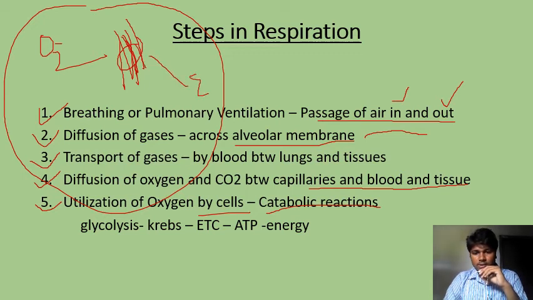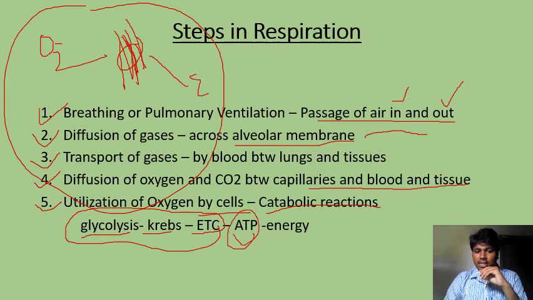So this process is called cellular respiration, where glycolysis, Krebs cycle and electron transport chain take place. The outcome of these processes is nothing but the release of energy, and energy in the form of adenosine triphosphate, ATP, and when it gets used, the actual energy is utilized.